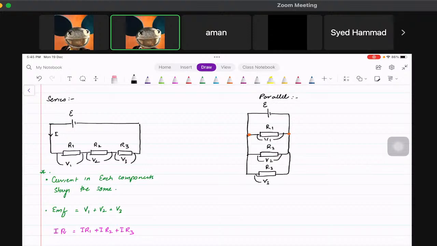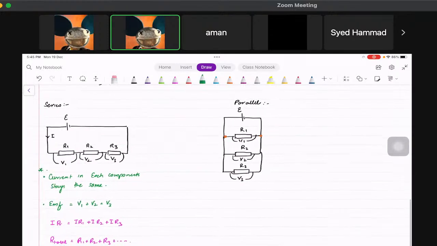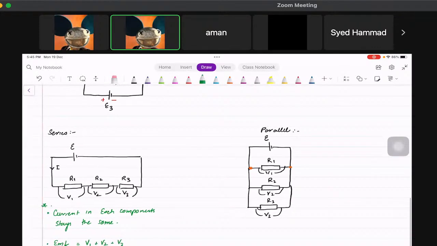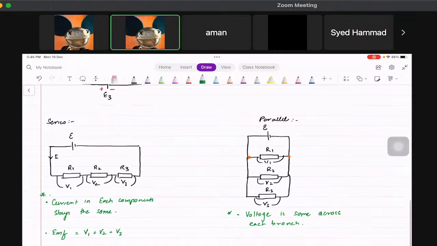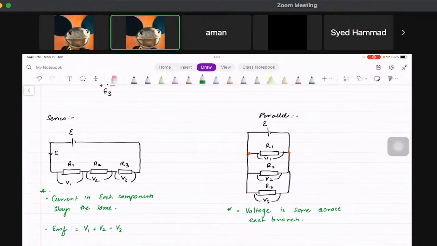What I want you to understand is that in parallel, voltage is the same across each branch. What I mean is that the EMF is equal to V1 equals V2 equals V3. All of the branches are getting the same voltage.